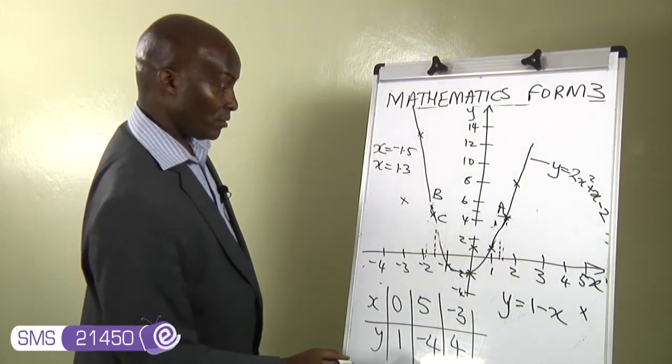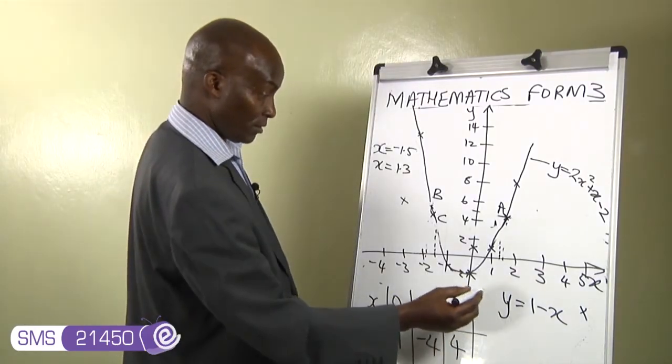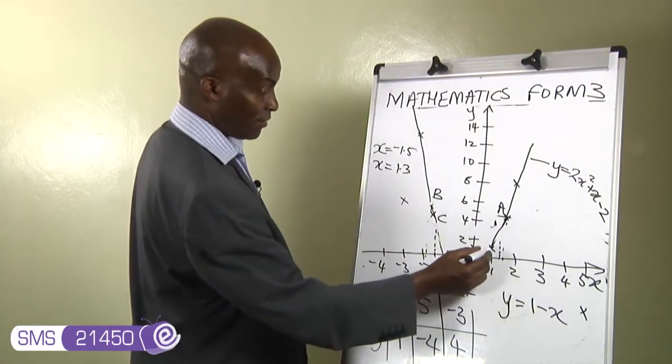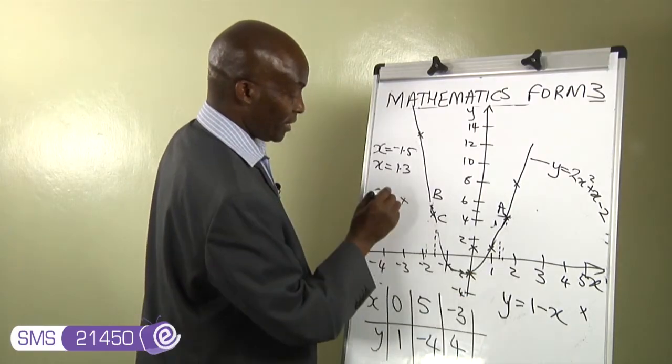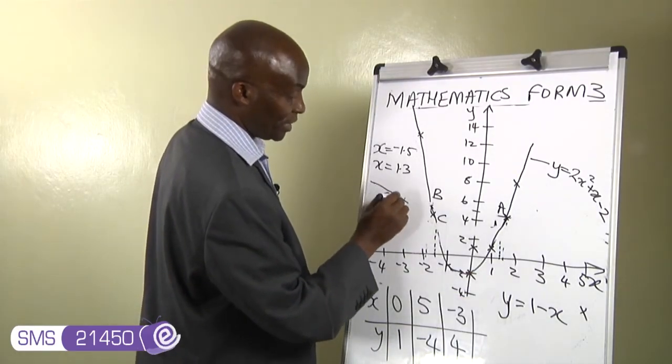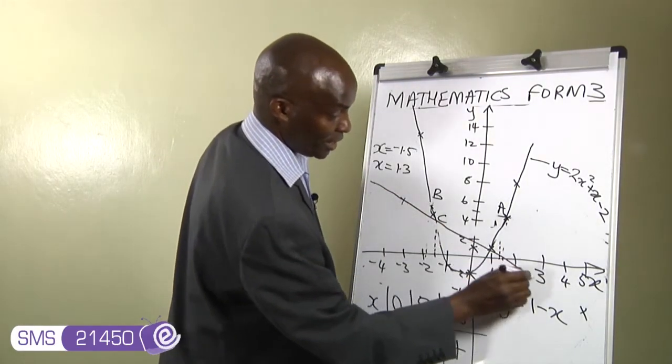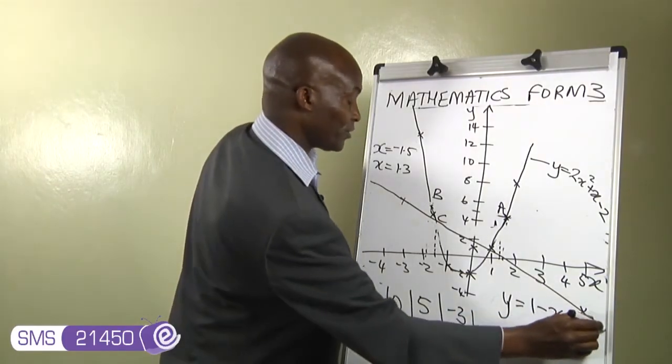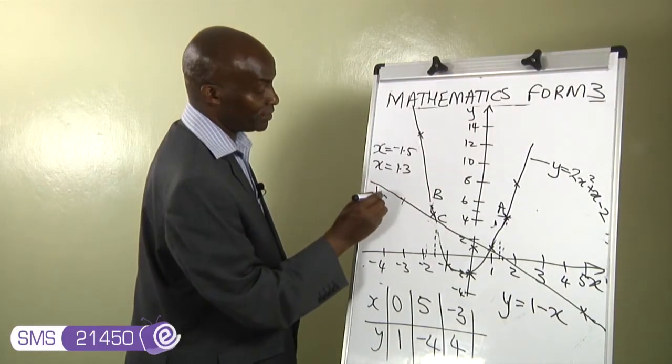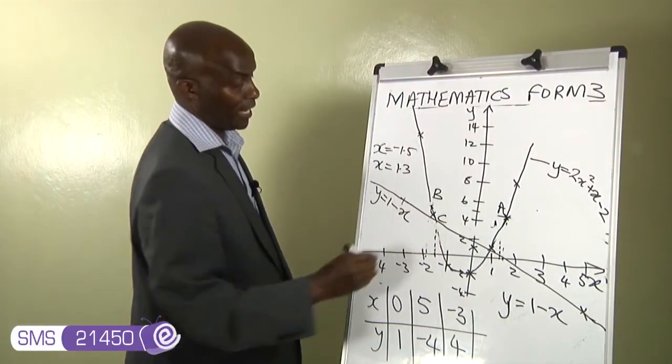You can see that we can draw the straight line joining them. So this is the graph of y is equal to 1 minus x.